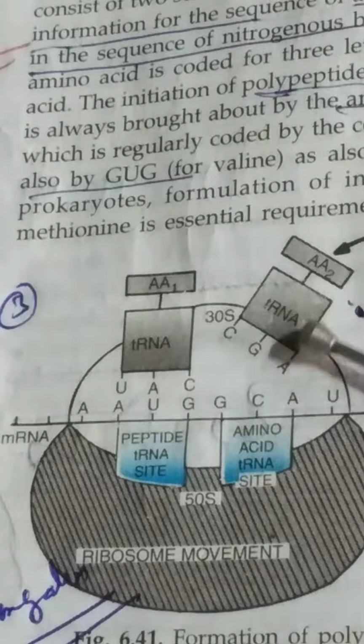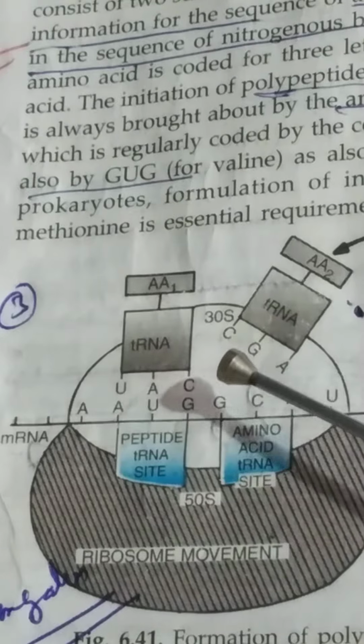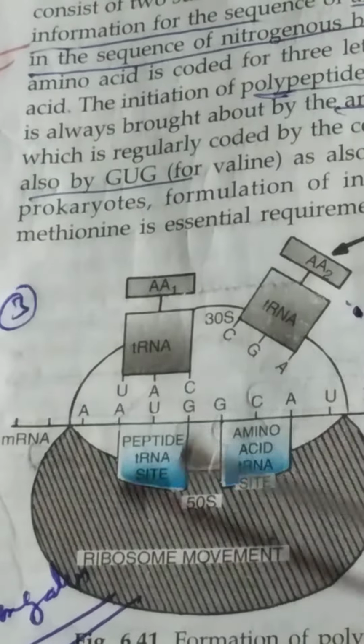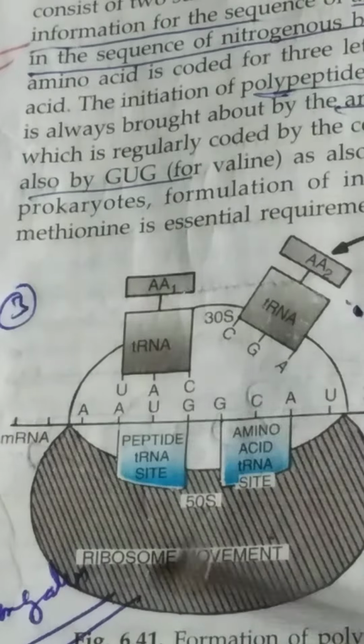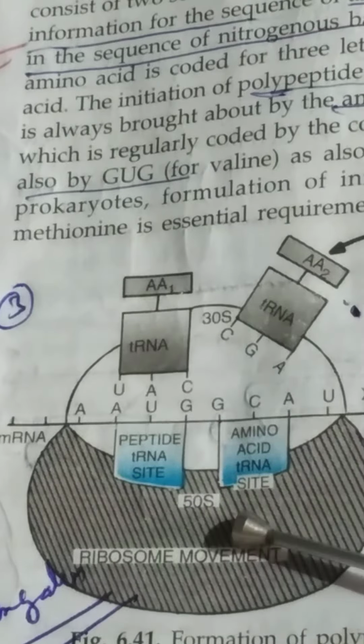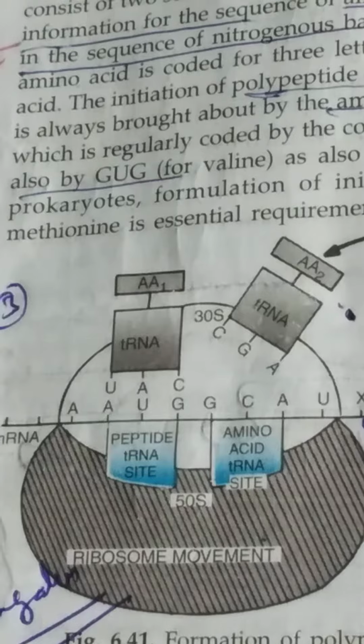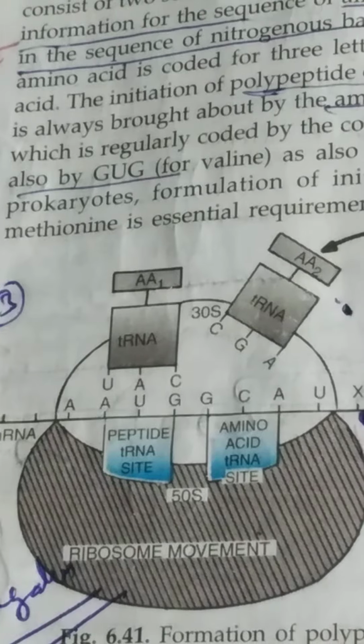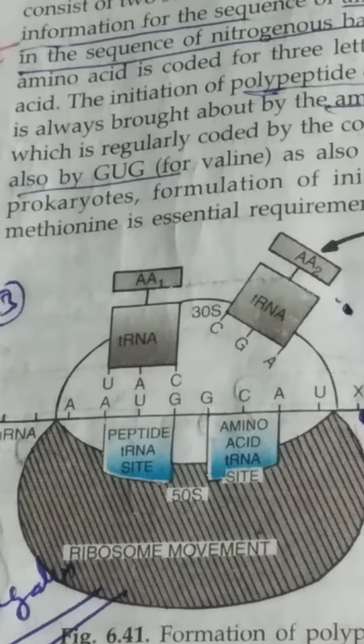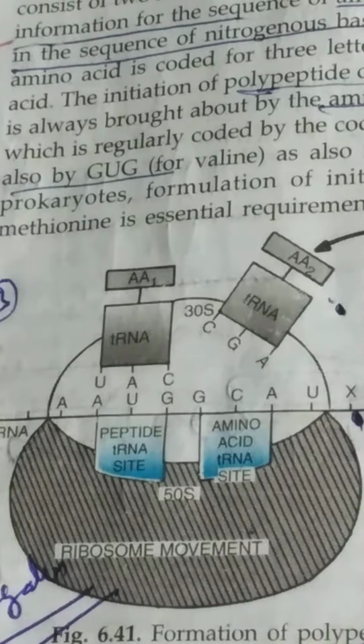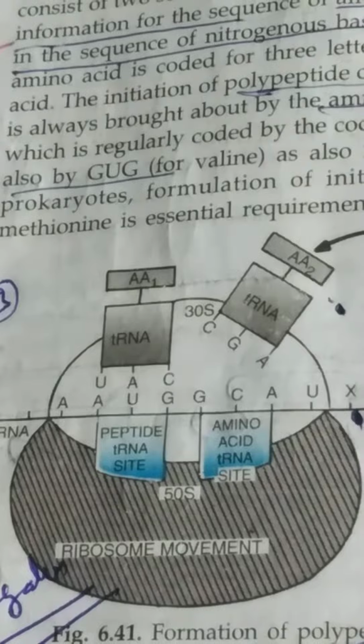So this ribosome is made of ribosomal RNA and proteins. We will study this diagram, polypeptide chain formation in protein synthesis. Union of amino acids is helped by ribosomal RNA.